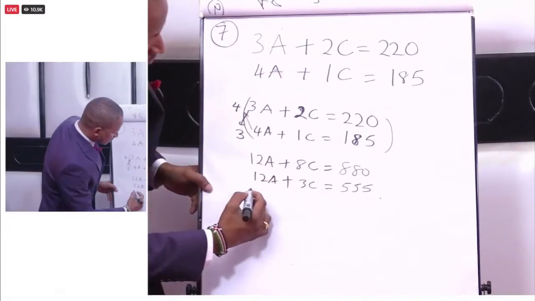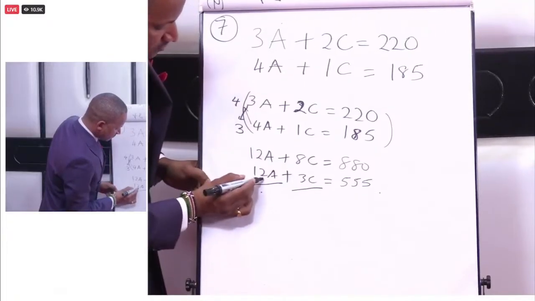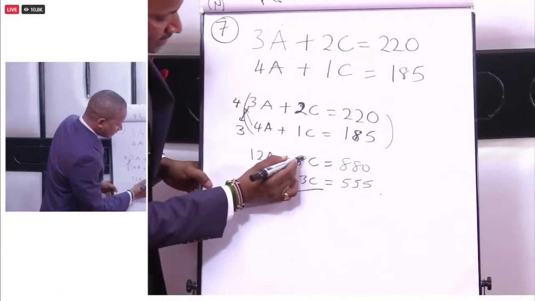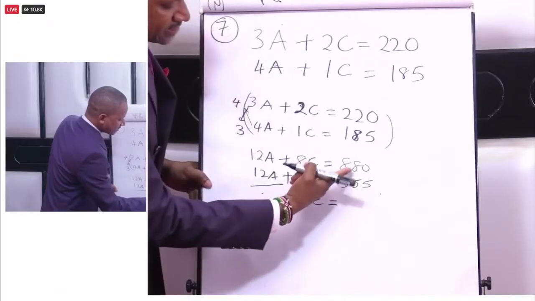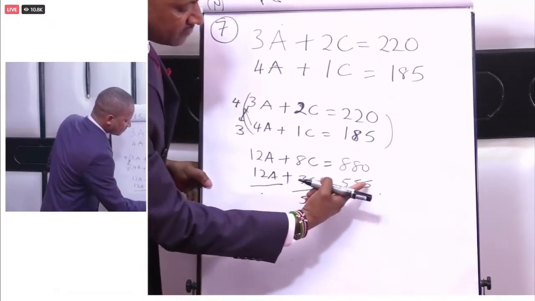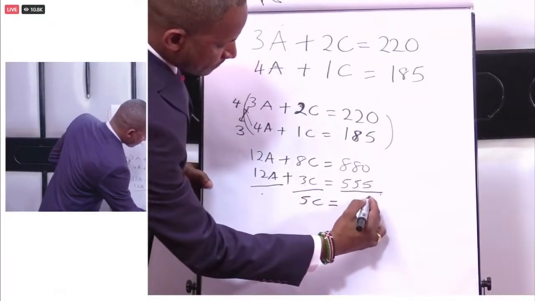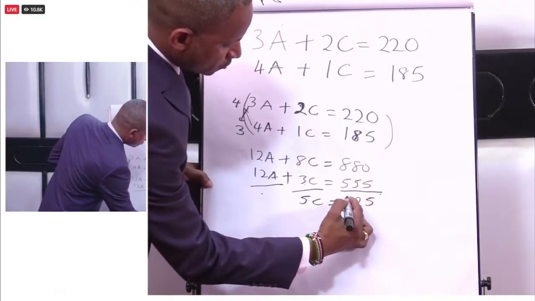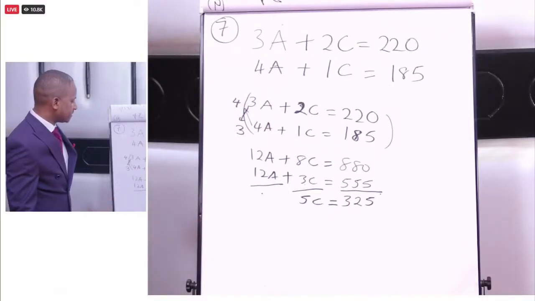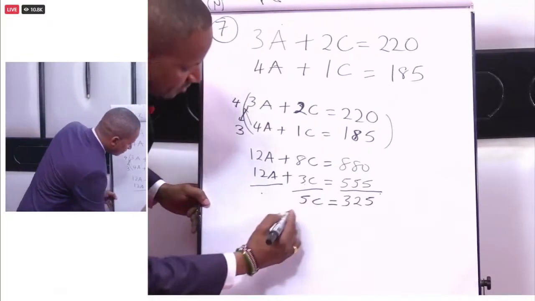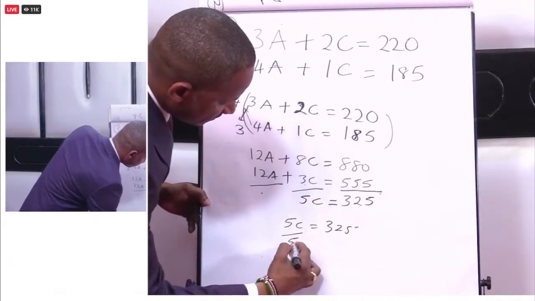We subtract. 12A minus 12A is 0. Then 8C minus 3C is 5C. Then 880 minus 555, what do you get? 325. So for you to get the value of C, 5C equals 325, divide by 5.